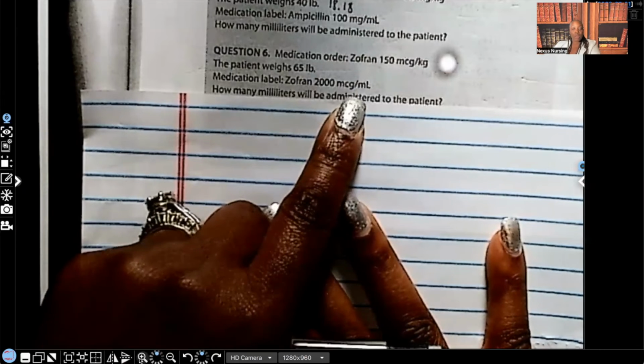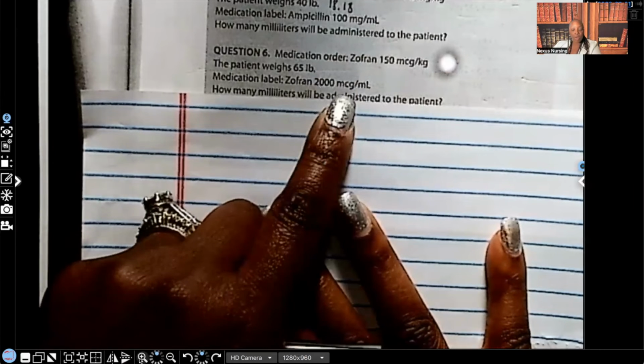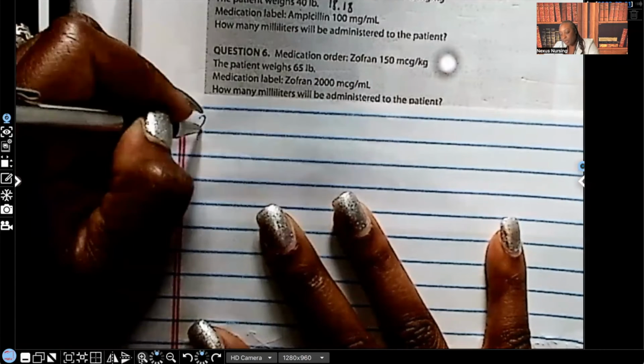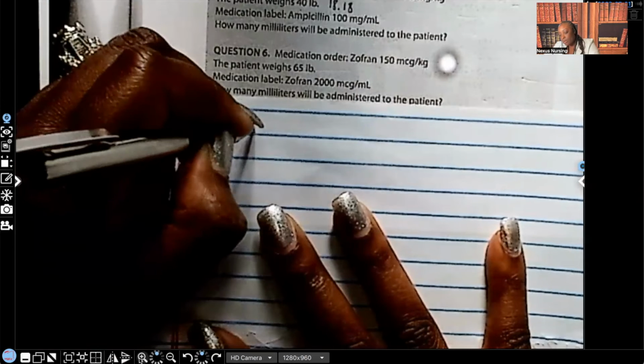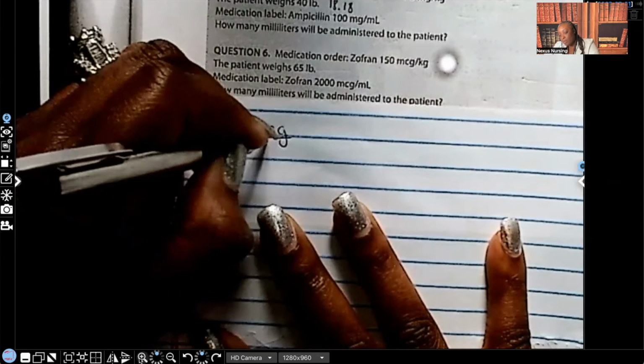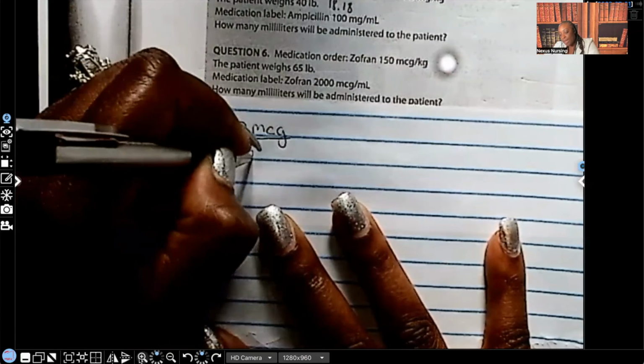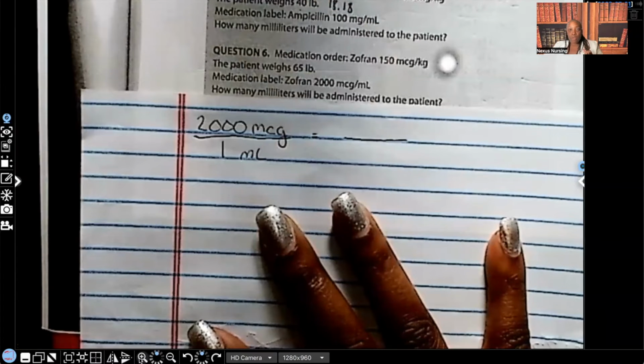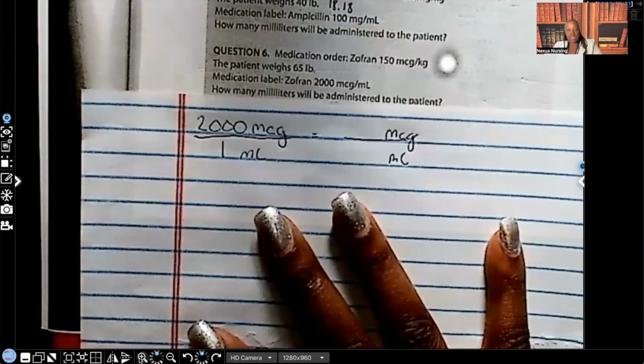So let's start with what's connected. 2,000 micrograms per milliliter. 2,000 micrograms per 1 ml equals, go ahead, put your unit now so you don't make a mistake. Microgram has to be up here. ml has to be down here.